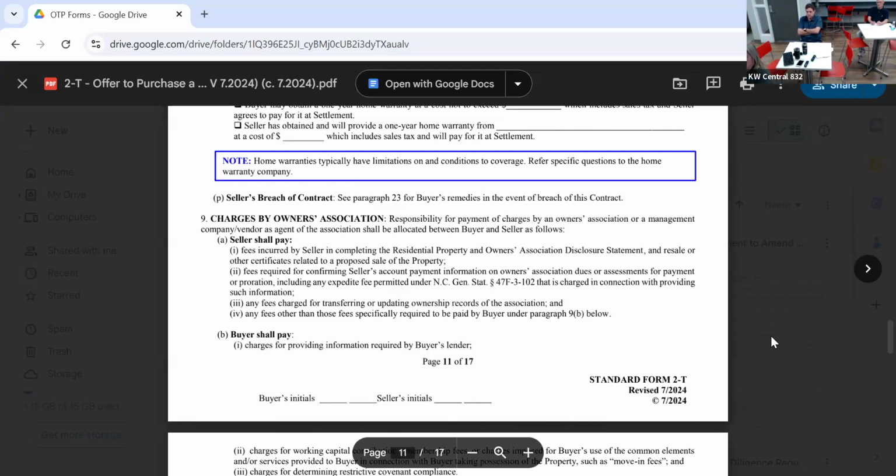Any fees required for confirming seller's account payment information on owner association dues or assessments for payment or proration, including any expedite fee permitted under the statute that's charged in connection with providing such information. Any fees charged for transferring or updating ownership records of the association. Any fees other than those specifically required to be paid by the buyer under paragraph 9 below.